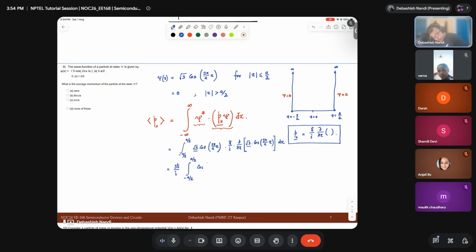I'll have cos 2 pi by a x. Then I'll have a minus sine 2 pi by a x, and then again 2 pi by a outside, right? Please correct me if I'm doing any maths wrong, okay?